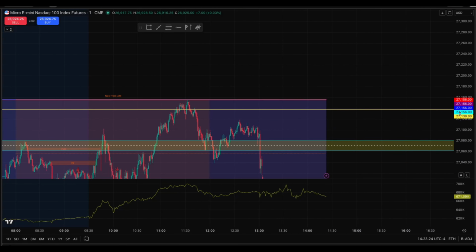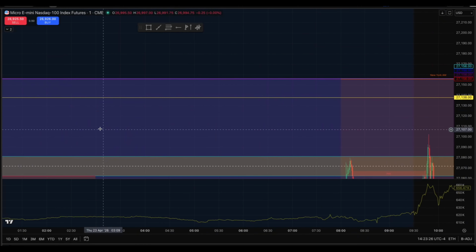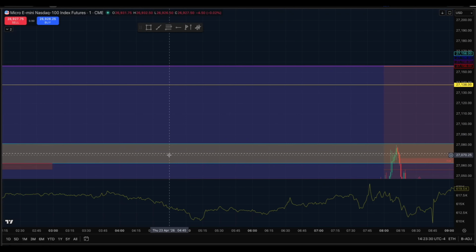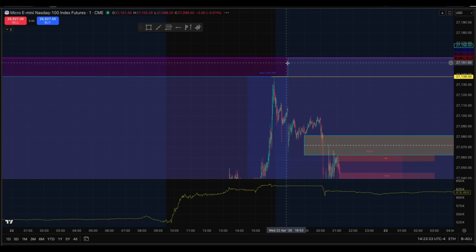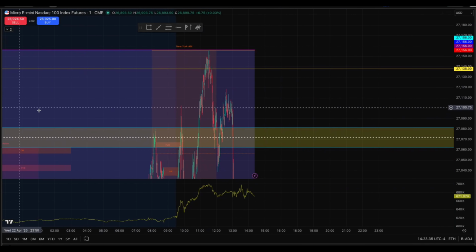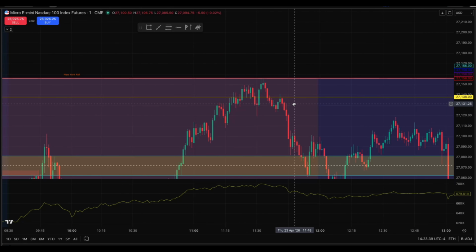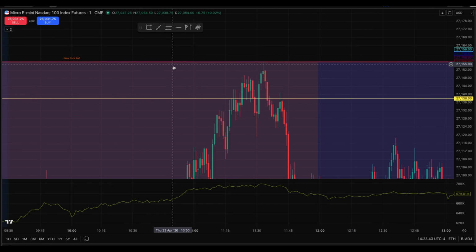But then as you can see over here, after we swept yesterday's daily high, shoot, let me zoom out. Over here you can see New York PM high. Come over here, we sweep into it.